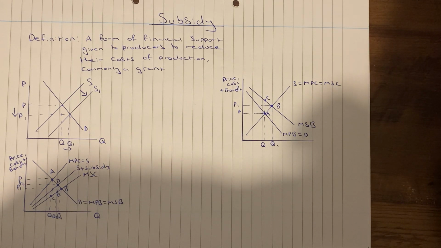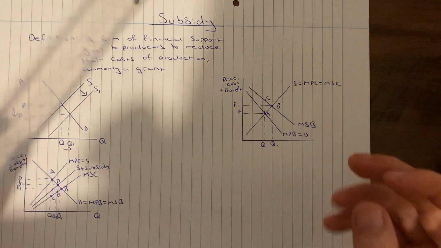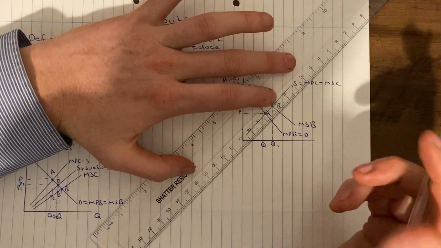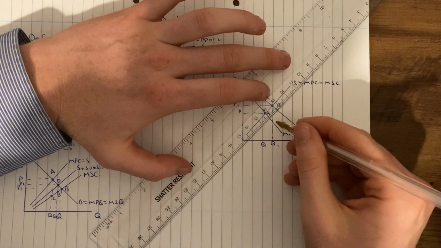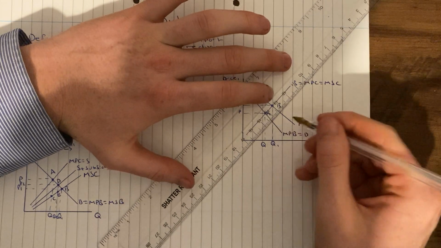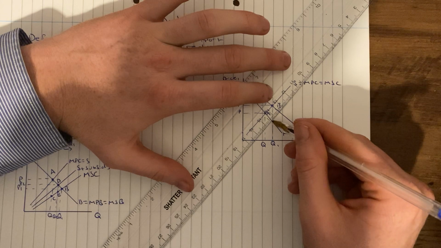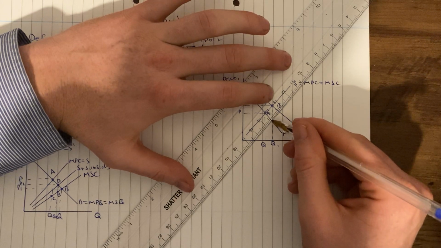Okay, and again, remember the subsidy is financial support, often in the form of a grant to producers to reduce their costs of production. So it shifts the supply curve. Okay, subsidies shift the supply curve, much like taxes also shift the supply curve. So the ideal subsidy would actually mean that the new supply curve would intersect the demand curve at the social optimum quantity of Q1.